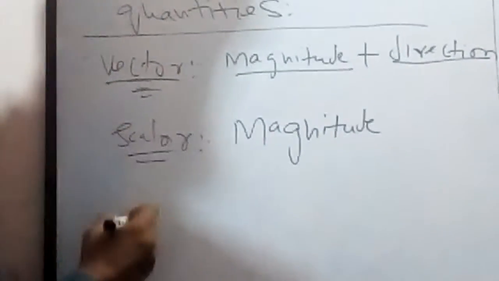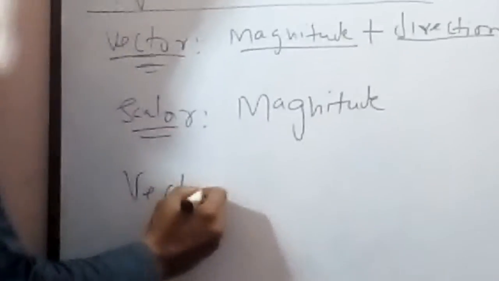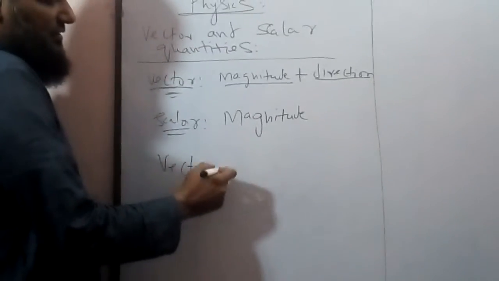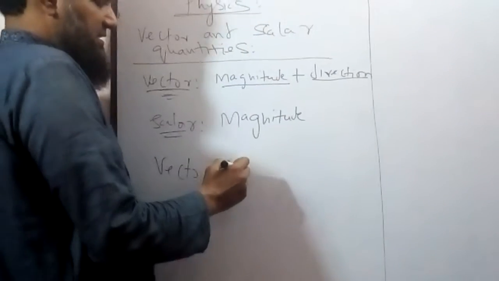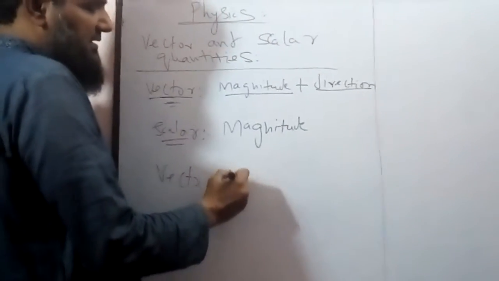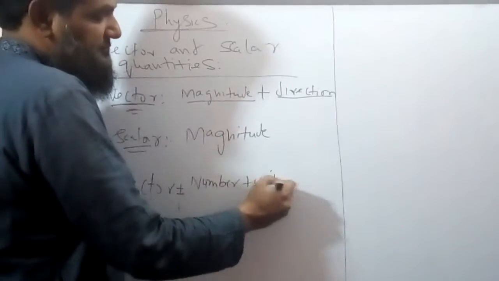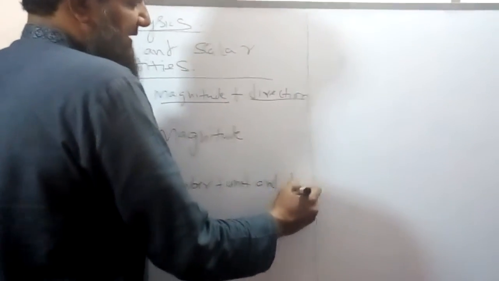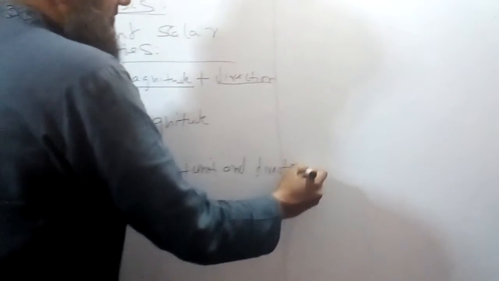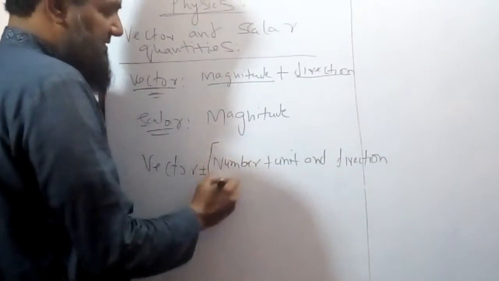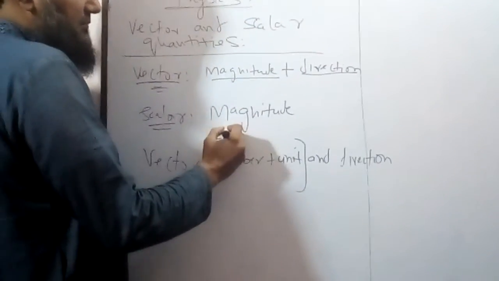When we break the vector quantities further, we can define them as quantities which consist of number, unit and direction.